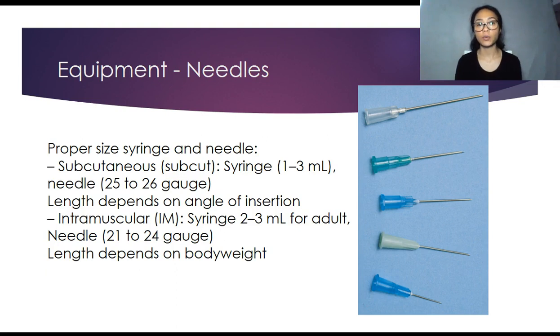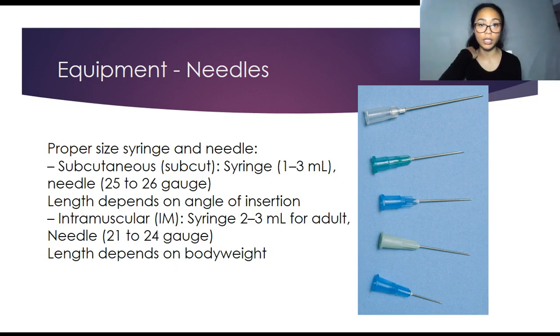Here's an image that will show you the variety in sizes and lengths of needles. So you have needles that vary in diameter, and that's referred to as the gauge. And you have needles that vary also in length, and that's always indicated on the package. So it will tell you the gauge, so the diameter, but it'll also tell you the length in millimeters.